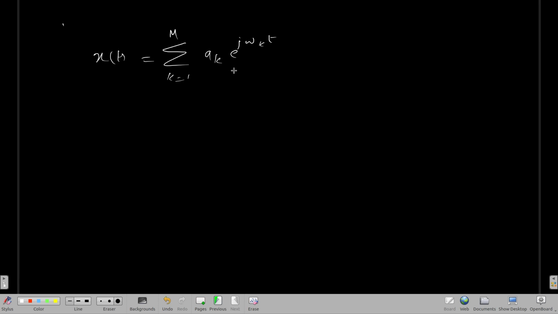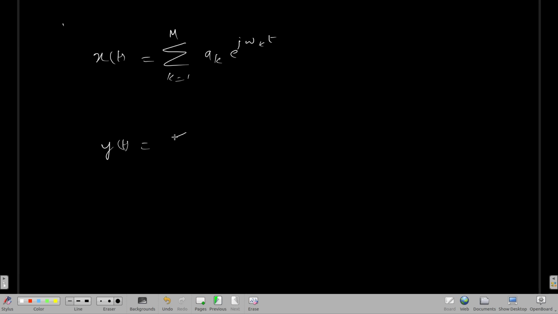Any arbitrary signal x of t is a weighted sum of the eigenfunctions of the system, right? Now, what is the advantage of this? This is similar to what we did with the impulse function. There we integrated to get the signal, but here we are just representing it as the sum of eigenfunctions, right?